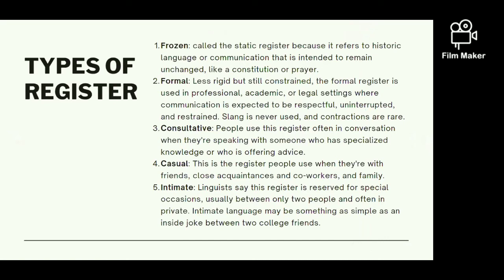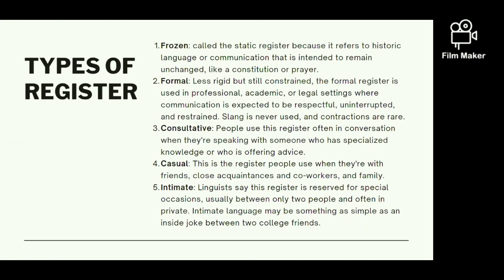Third is consultative. People use this register often in conversation when they are speaking with someone who has specialized knowledge or who is offering advice, for example, when we talk to psychologists. Fourth is casual. This is the register people use when they are with friends, close acquaintances, co-workers, and family, for example, at a birthday party or family gathering.